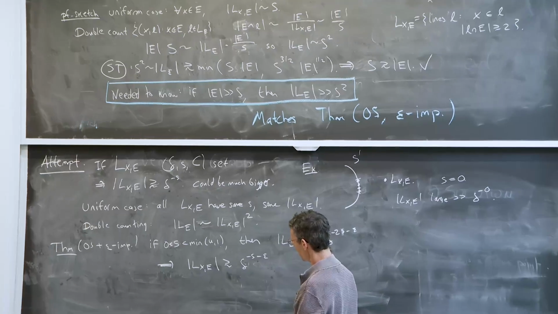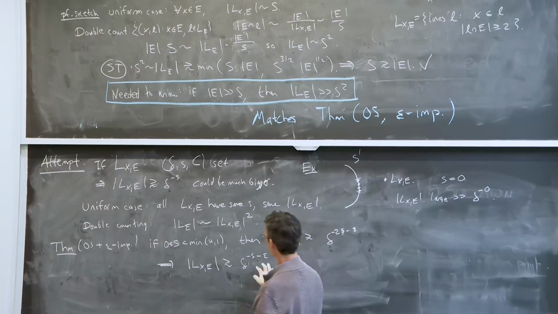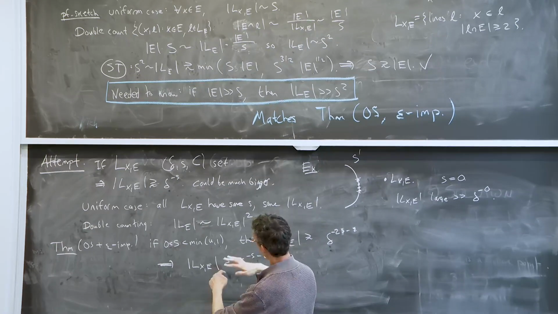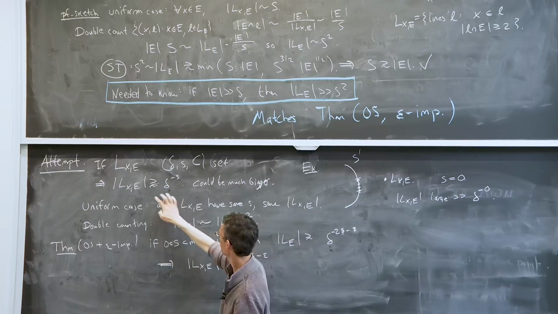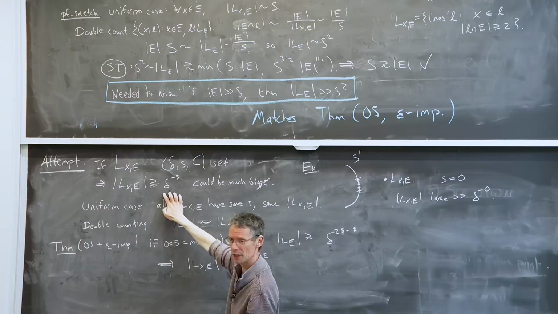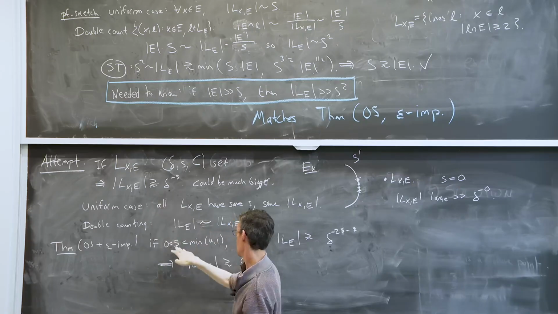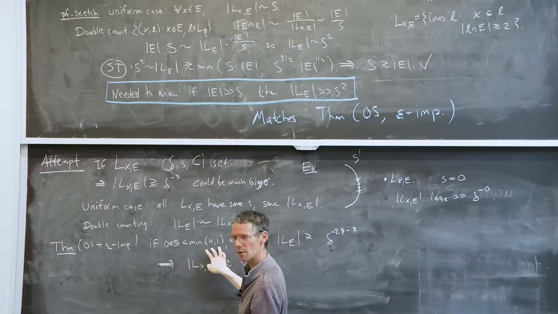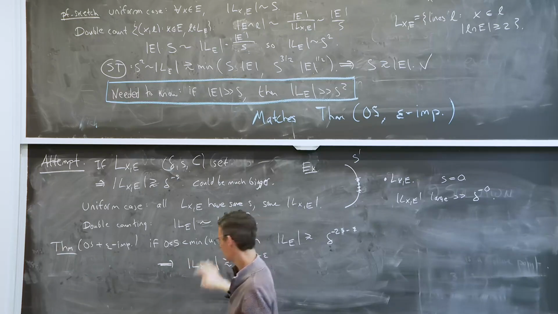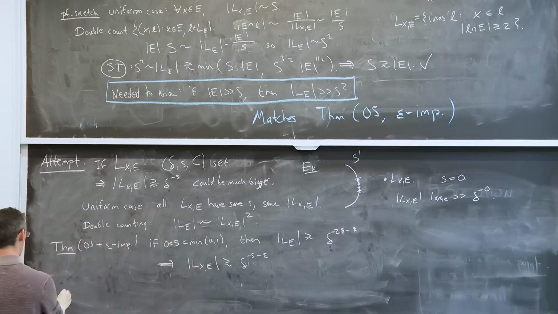So we did learn something. If L_x^E were kind of spread out, then you might hope that the cardinality would be about delta to the minus s. And in that spread out case, then it would follow that s was the minimum of u and 1. So we see this corollary.